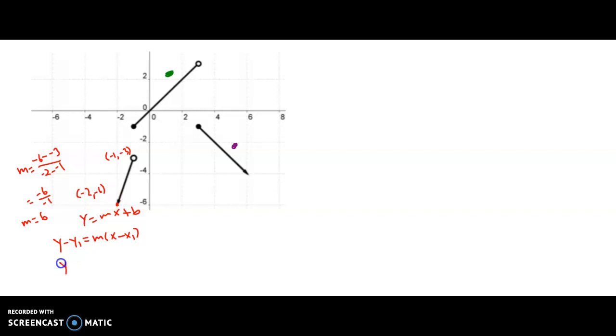So that's going to be y plus 6 is equal to 6 times (x plus 2). After you distribute the 6 and subtract the 6, you should get y equals 6x plus 6, I believe. All right, so this is the equation for this leftmost line.